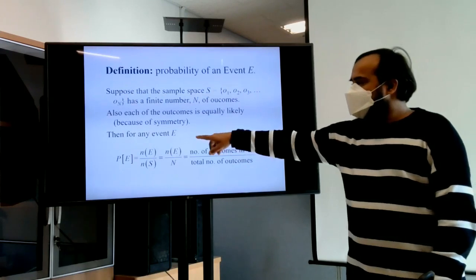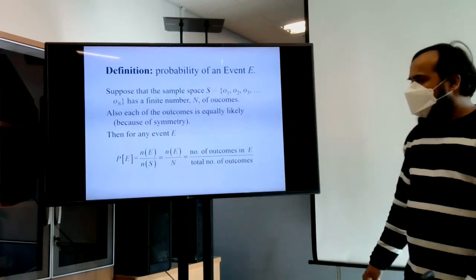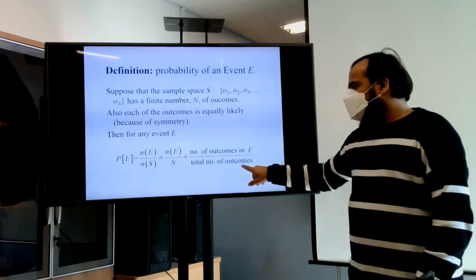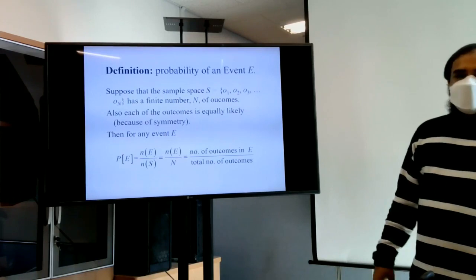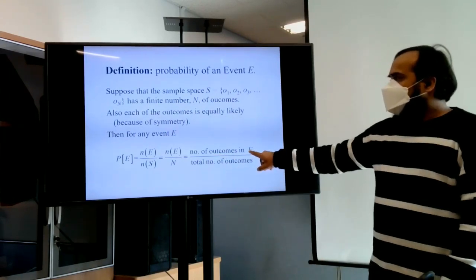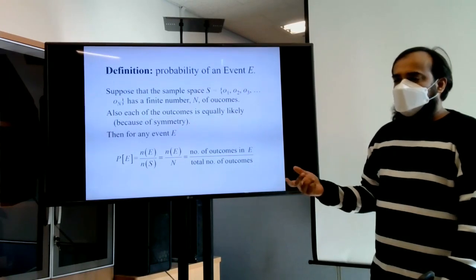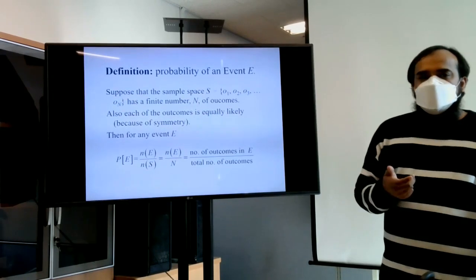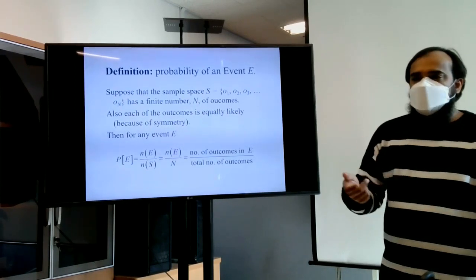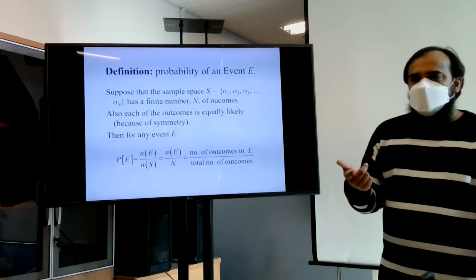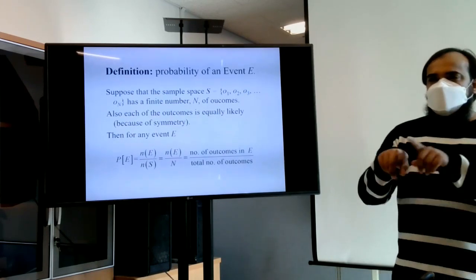Then for any event E, the probability of the event is the number of outcomes in E divided by the total number of outcomes. For example, with 10 numbers, what is E? What you have been asked for. Suppose you are asked to find the even numbers; count them: 2, 4, 6, 8, 10, which is 5 numbers in the set 1 to 10.